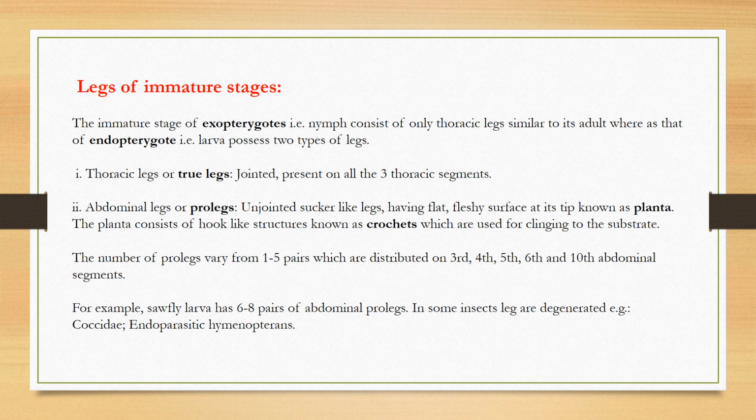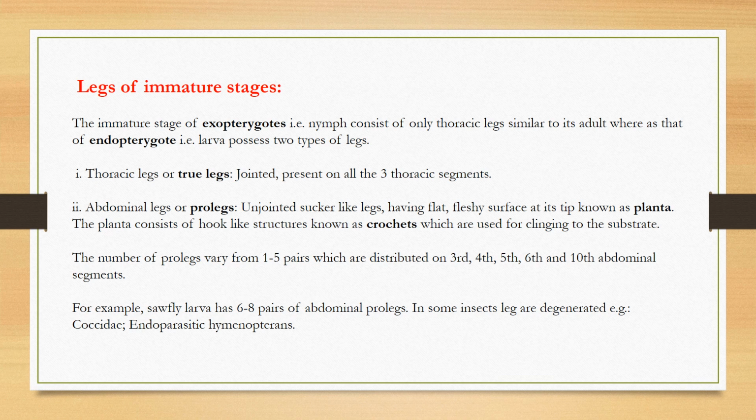But in the case of endopterygotes, the thoracic legs or the true legs are jointed, present on the three thoracic segments. Apart from this, they have abdominal legs also, called prolegs. They are unjointed, sucker-like legs having a flat, fleshy surface at the tip known as planta.